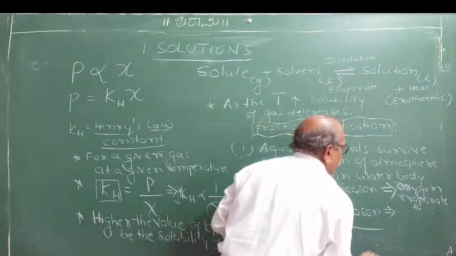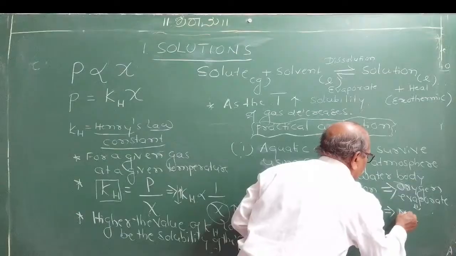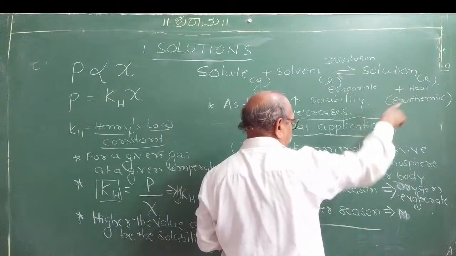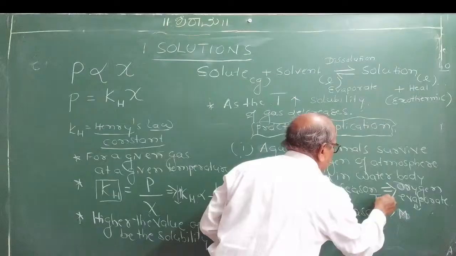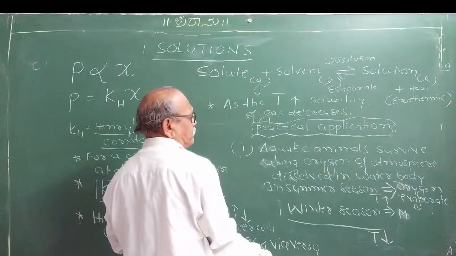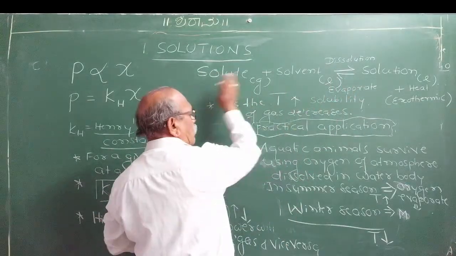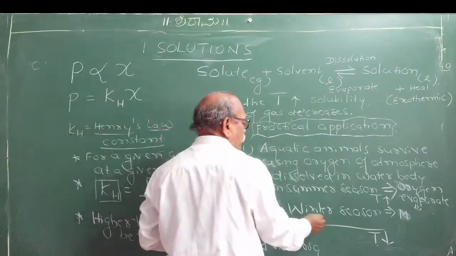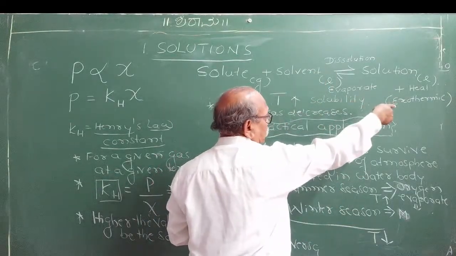In winter season, what happens to solubility? More oxygen is soluble because the forward reaction is exothermic. In summer season, temperature increases; in winter season, temperature decreases. As the temperature decreases, the equilibrium shifts to the right, because to regain equilibrium the exothermic reaction should take place.